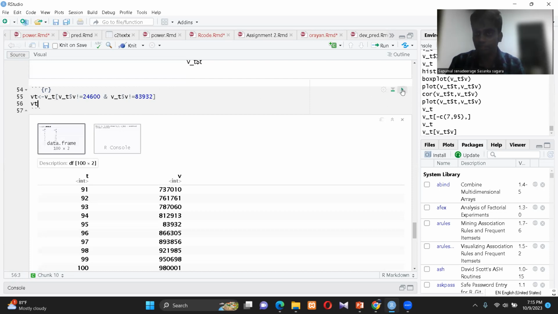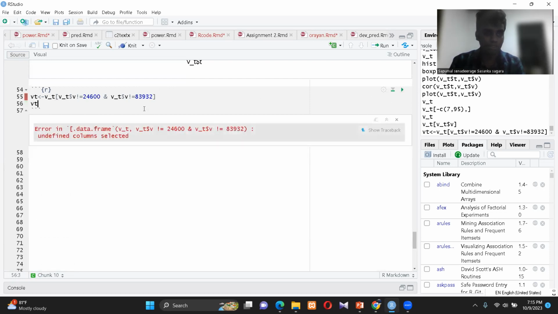right? VT after eliminating these unwanted characters. What happened? We have not contained these columns. These are for rows. Once we have excluded these particular rows, we have to mention what particular columns we need. So we need all columns, therefore I have put a blank there.